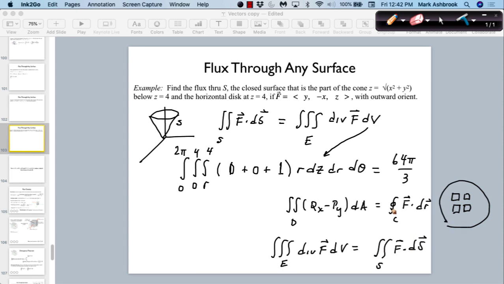Same thing here. When we total up the flux for each little box, each little surface integral inside, the adjacent sides cancel, and then we get the whole outer boundary.